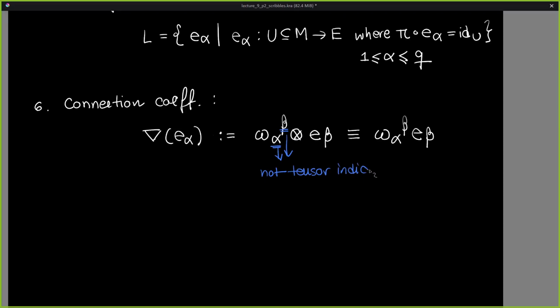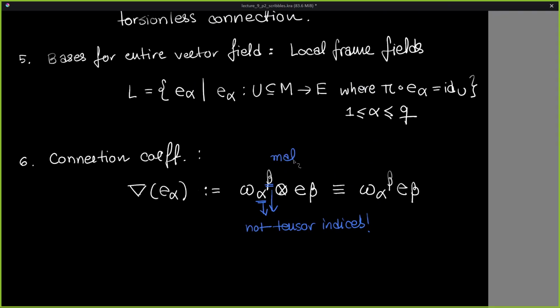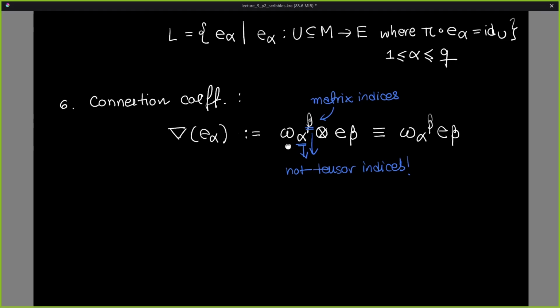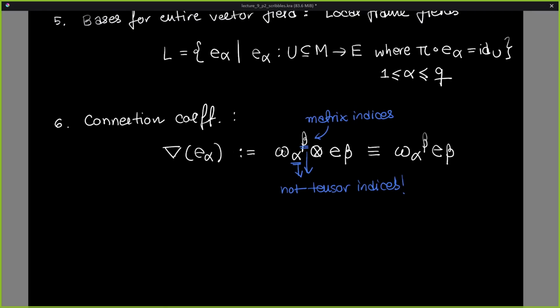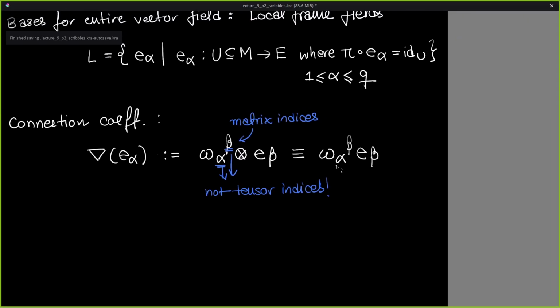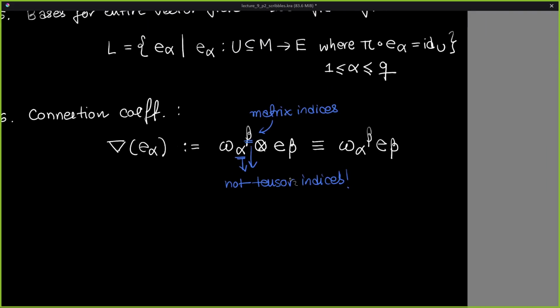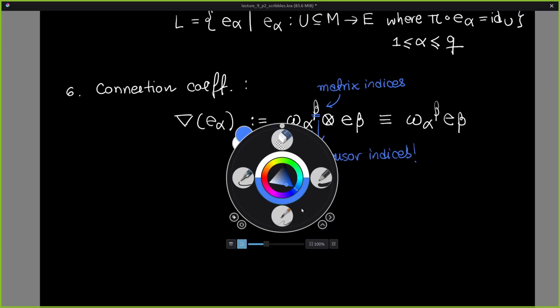They are matrix indices. So each element in the matrix is a one form, and then you have a matrix of these one forms. So that's what each of these alpha betas are indexing. Just keeping that in mind.